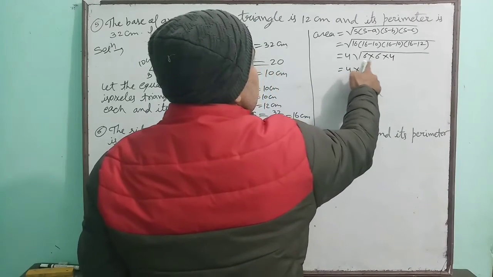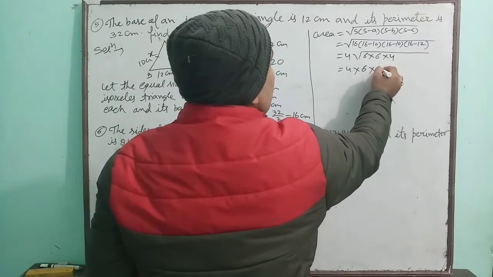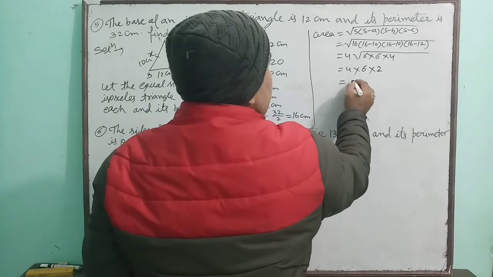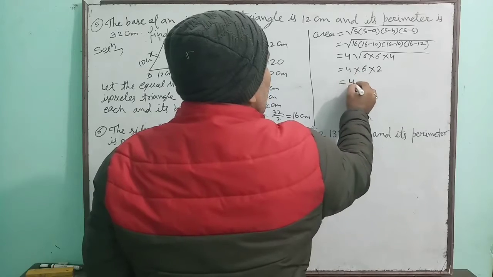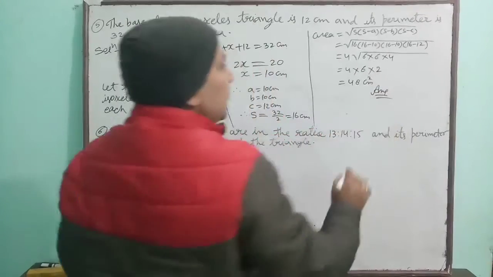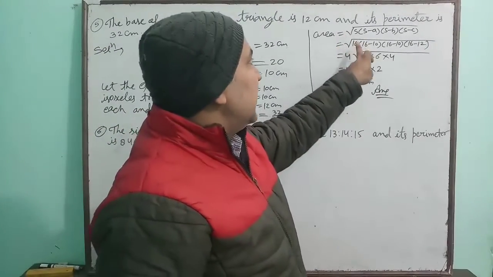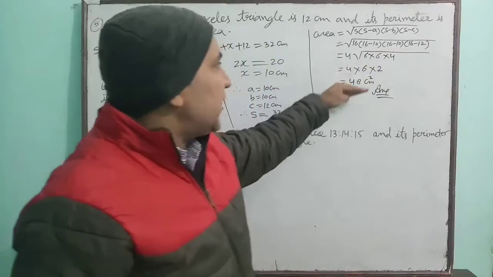Now see, 6 are in pair, so one 6 will come out. The square root of 4 is 2. That means area is 48 centimeter square.